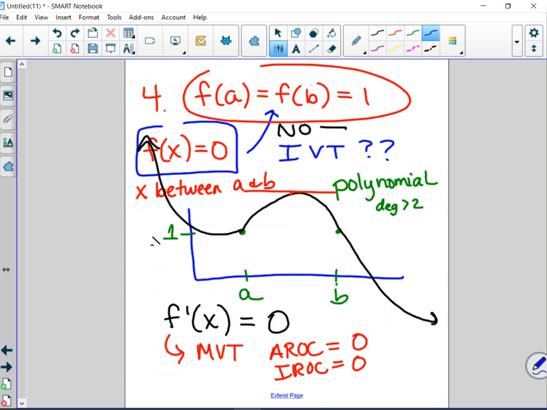If f of A and f of B are both 1, that's an average rate of change of 0. That's an instantaneous rate of change of 0. So definitely 2 is a yes. So if I look at my choices, A is out, B is out, because I need something that includes 2.